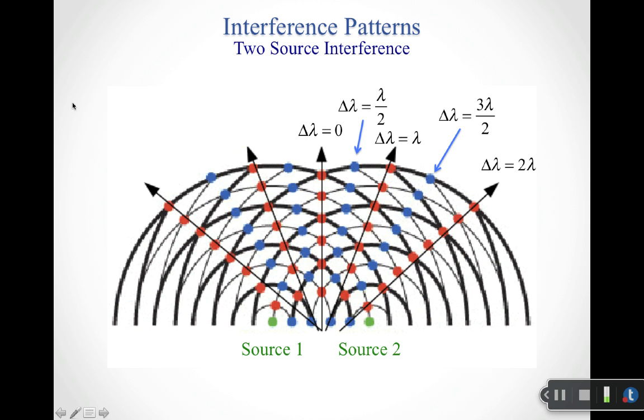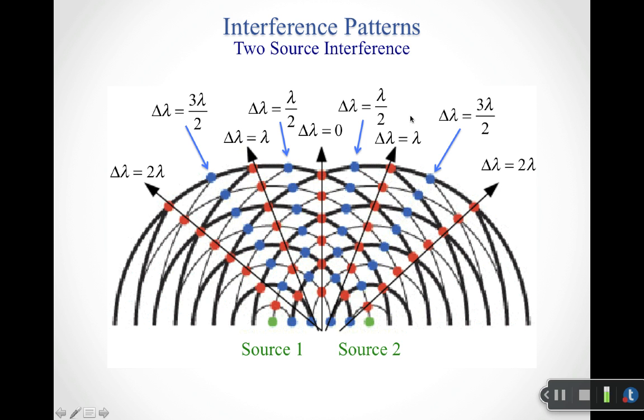And so again, if I think about placing a screen out here, then what I'm going to see on the screen is a bright spot, a dark spot, a bright spot, a dark spot, a bright spot corresponding to these places of constructive and destructive interference.